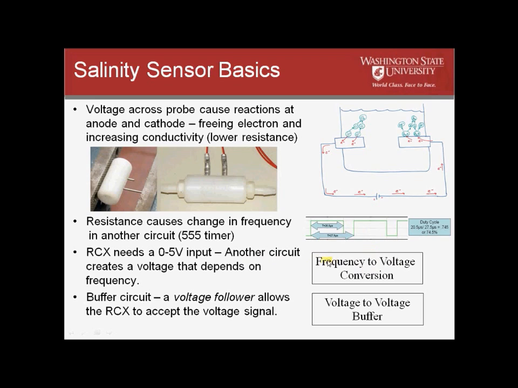So we have a frequency to voltage conversion circuit, and then finally there's another voltage to voltage circuit that acts as a buffer. Sometimes electronic devices, when you connect them together, don't interact well electrically. So the voltage buffer allows us to connect the output of our sensor into the input of the RCX.